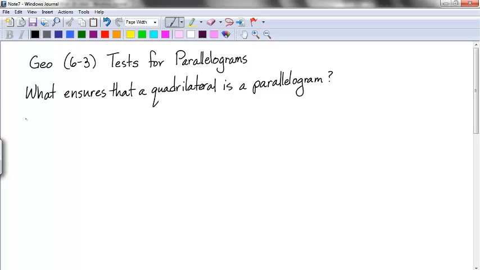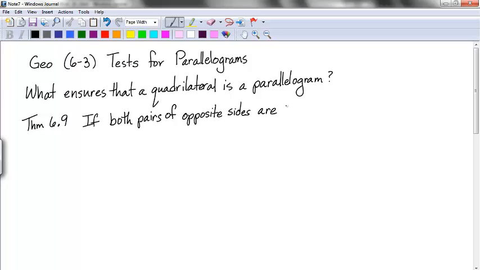Okay, and the author goes through these in the form of theorems, and I'm kind of giving you the abbreviation for the theorem. Theorem 6.9 says if both pairs of opposite sides are congruent, use the symbol for congruent, then the quadrilateral is, and just use the symbol for parallelogram.